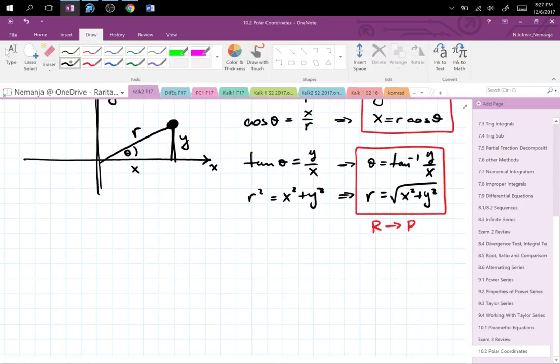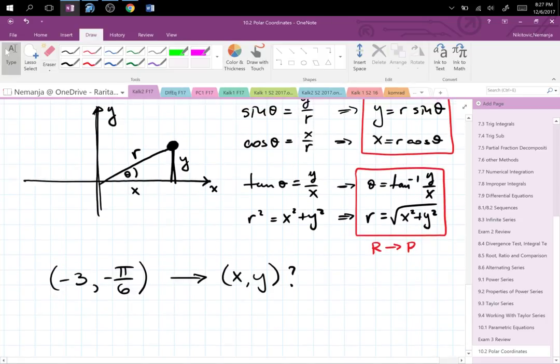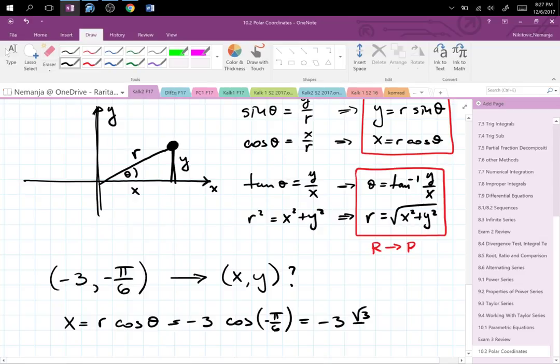So now, if you have your point -3, negative pi over 6, and you want to convert that to xy world, you will simply use the formulas above. X coordinate is r cosine theta, r is -3, and then cosine of negative pi over 6.